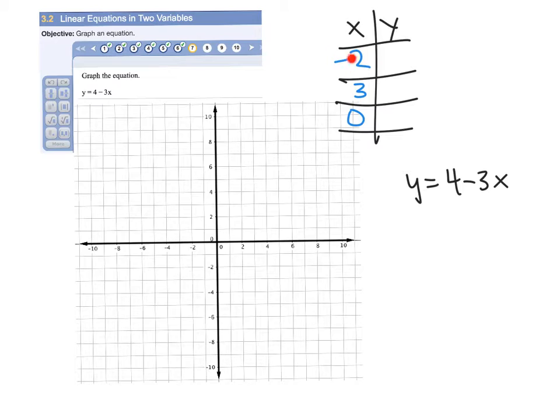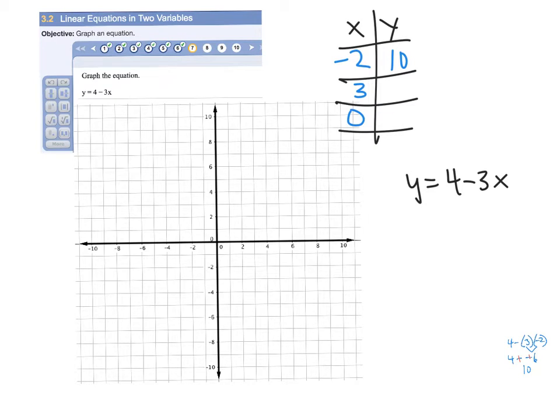So let's start with -2. So you get 4 minus, and now this is 3 times -2. So this is -6. So you get 4 minus -6, and that becomes plus a positive 6, which is 10. So when x is -2, y is 10. So we could shrink that down.